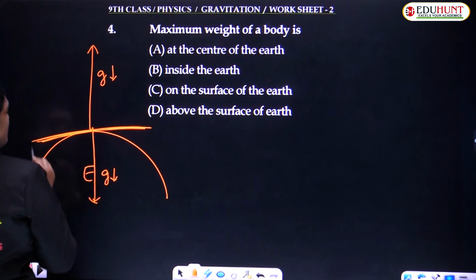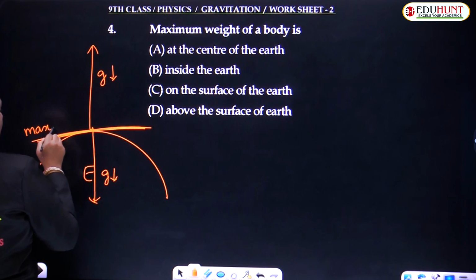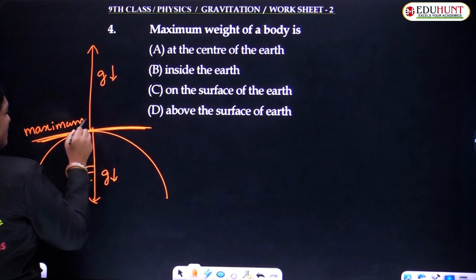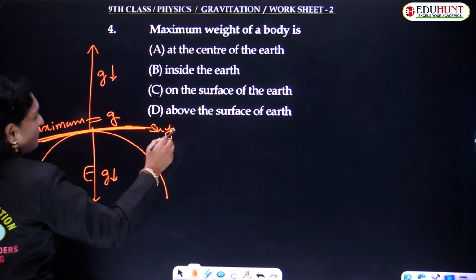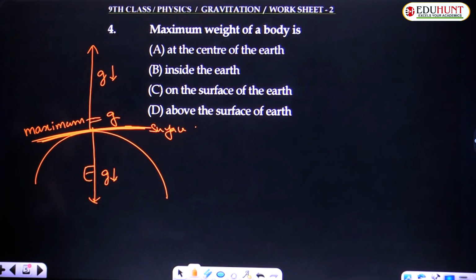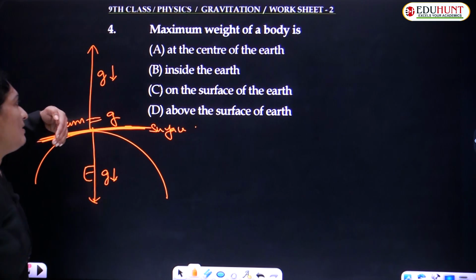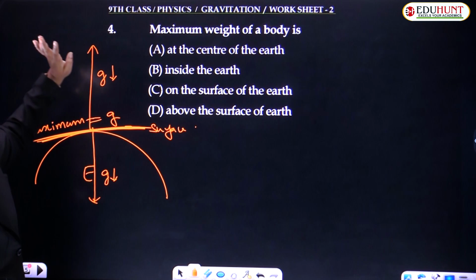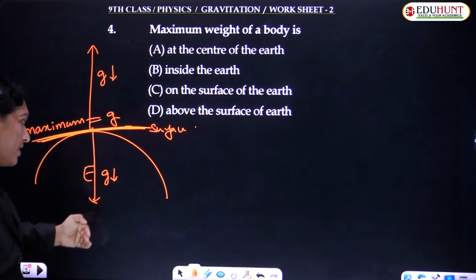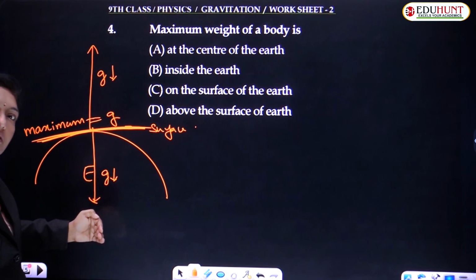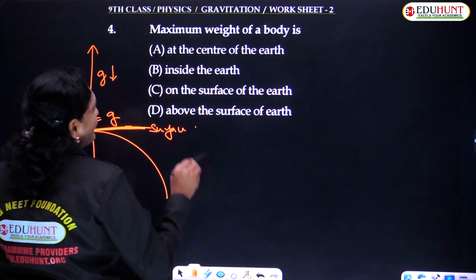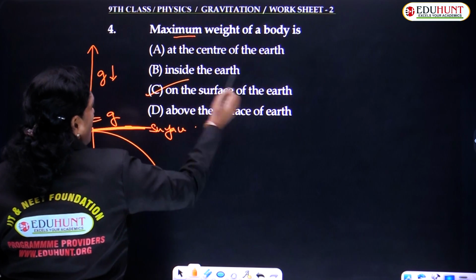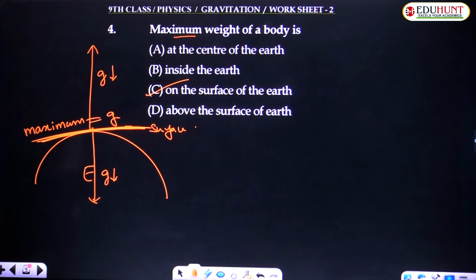The maximum value of acceleration due to gravity will be on the surface of the earth. So, the third option is true.